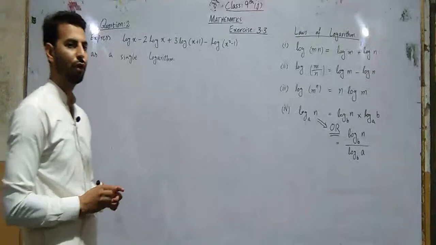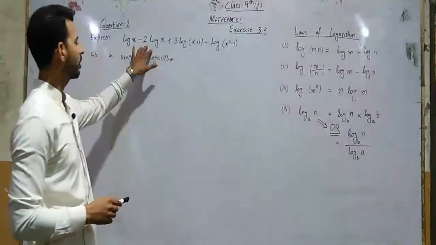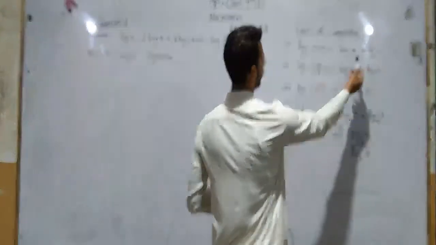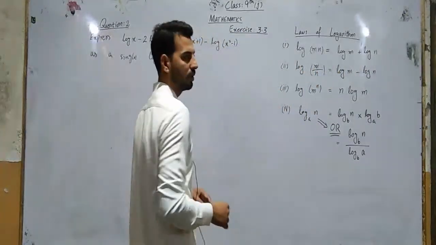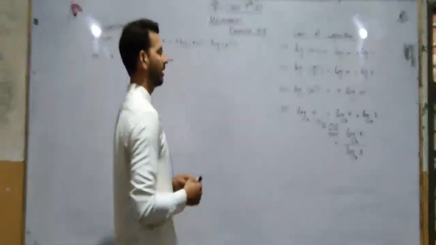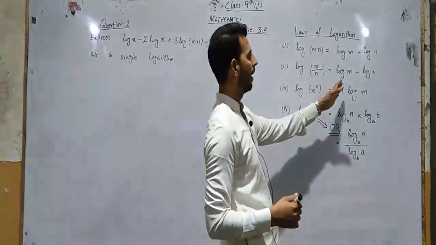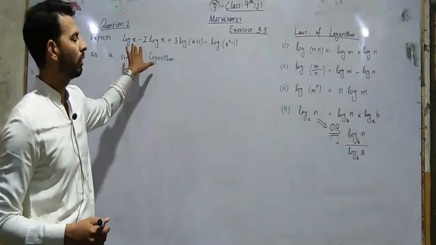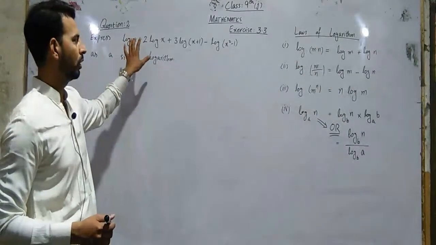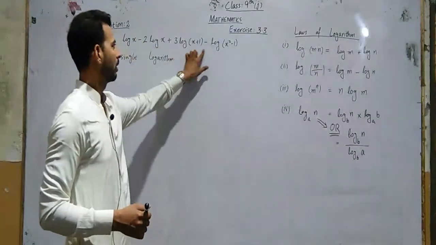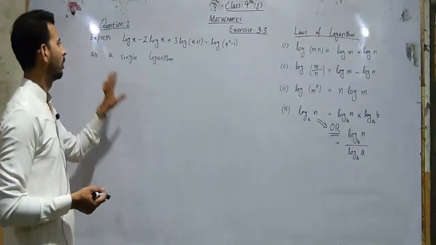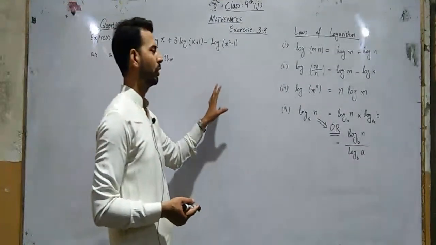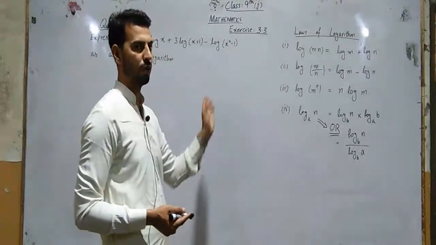So students, if we see this question is written in this form, we have to convert it into this form. It is more than 1 log in one value, so we will just simplify it to 1 log. So we will do the opposite to the first question.